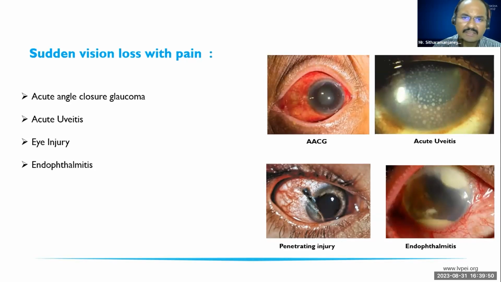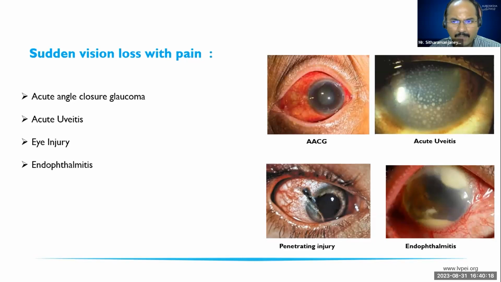Take acute angle closure glaucoma. When the angle structure closes suddenly, the intraocular pressure rises very high and the patient will have sudden loss of vision because of corneal edema, and will notice pain, headache, and redness in the eye. The second one is acute uveitis.